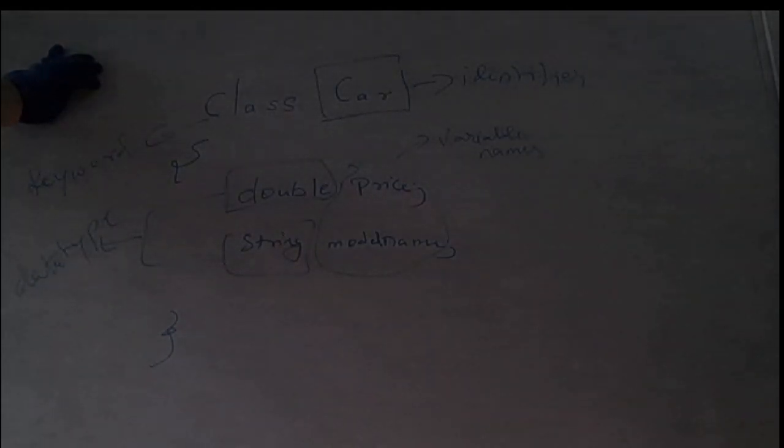These are data types. These are variable names. So these are different parts of a class. Of course, there are many other things inside a class, but these are just the starter parts of a class.